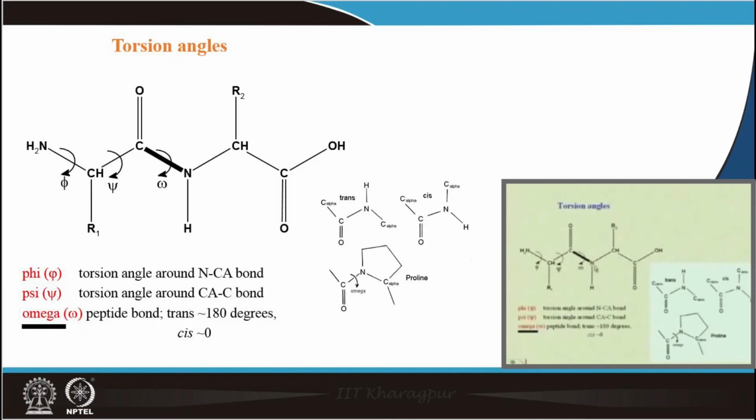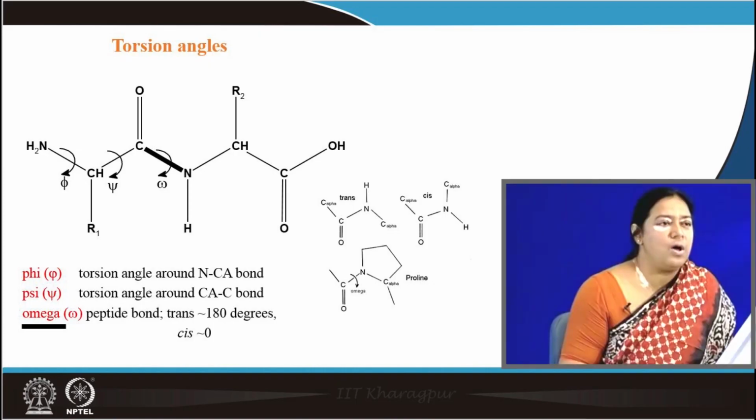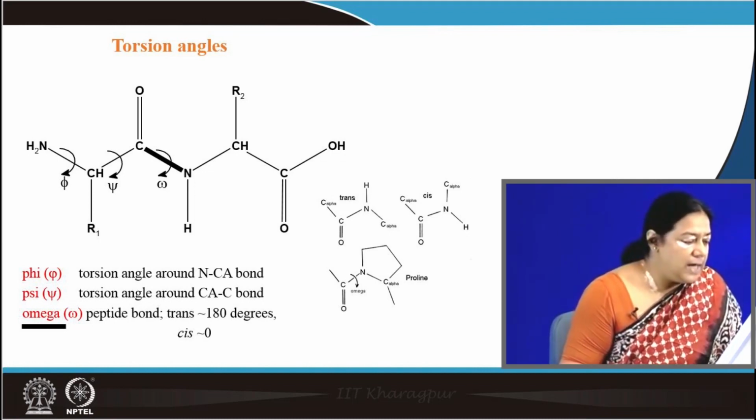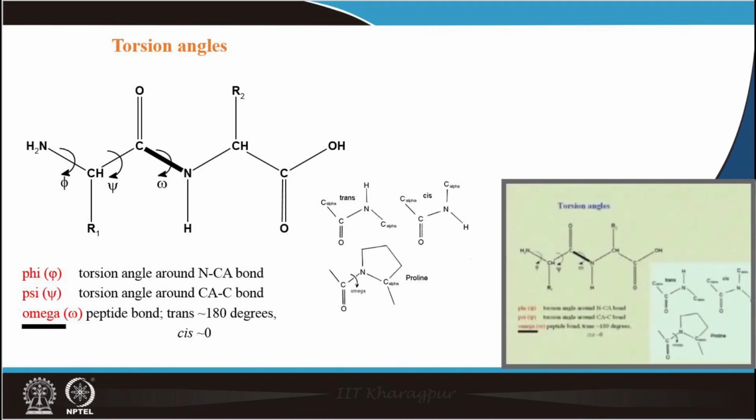So when I am talking about similar cases like the hydrogen peroxide, I have to have four atoms that are going to define my torsion angle or the angle between the planes. Now what are my points here?